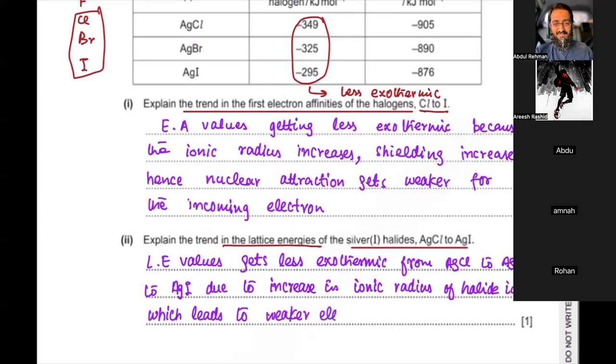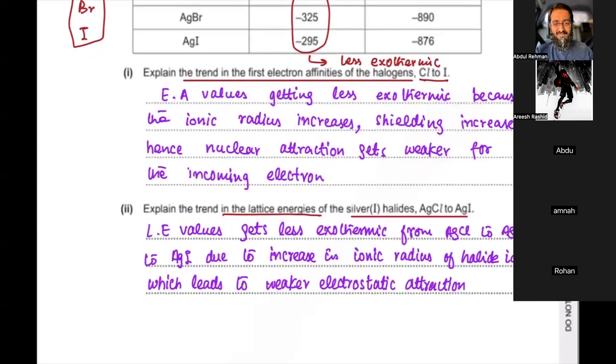So weaker electrostatic attraction between silver ion and halide ion.